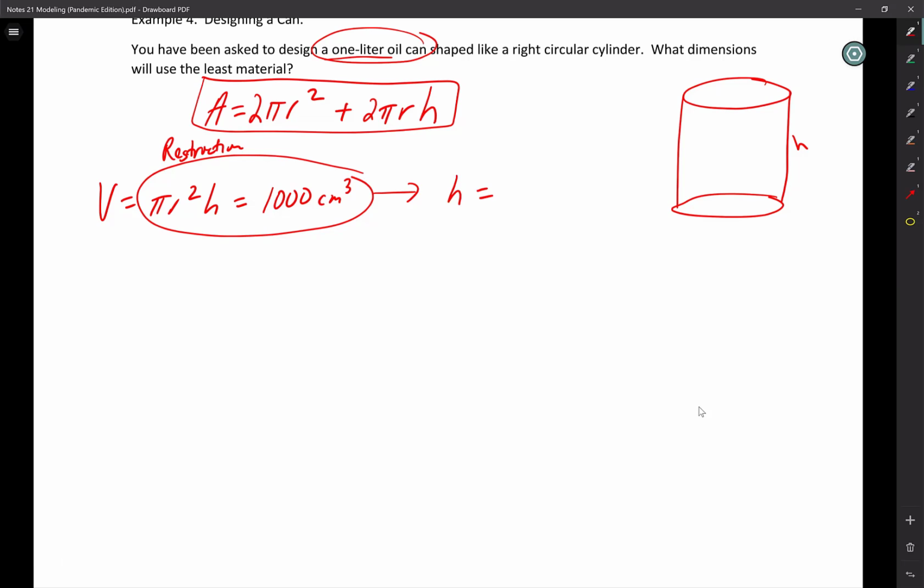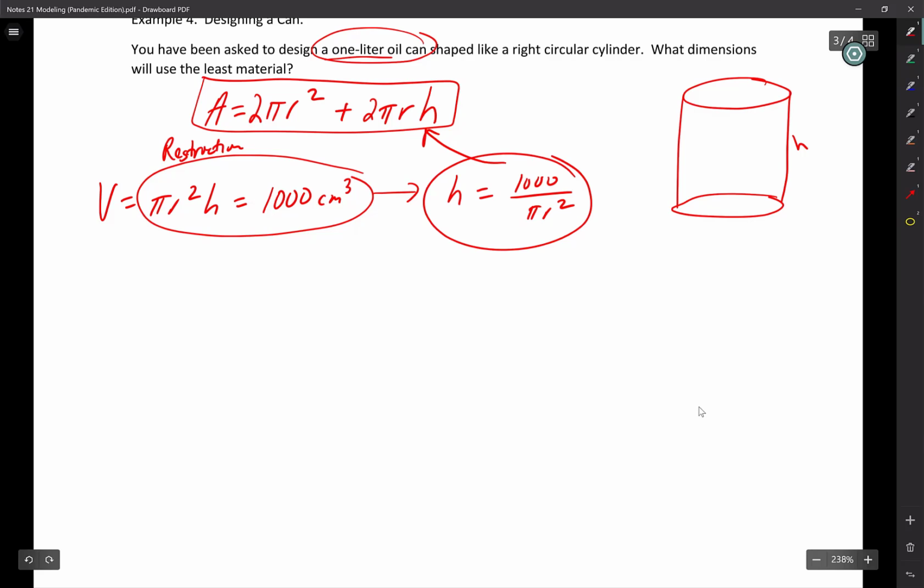So h is equal to 1,000, remember it's cubic centimeters, divided by pi r squared. I'm going to take this number and insert it into that h right there. So now I have area in terms of r is equal to 2 pi r squared plus 2 pi r times 1,000 over pi r squared.